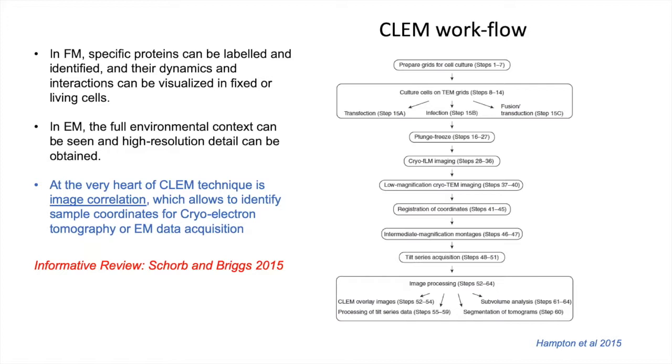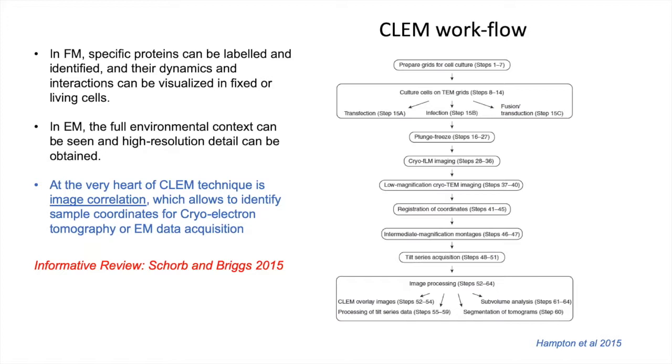Then you culture your cells, or put your virus on these grids, and then you do a plunge freezing step. This is very important when you want to go to cryo. You want to be in a good situation where you have the right amount of ice thickness, so that your sample can appear and give you high resolution images of your viruses on the grids.